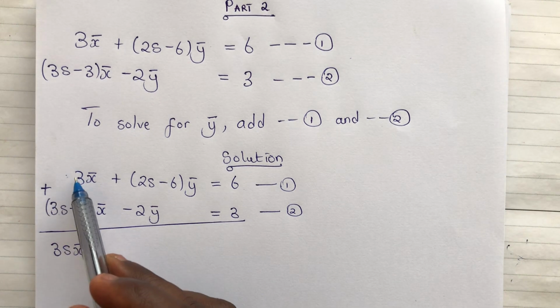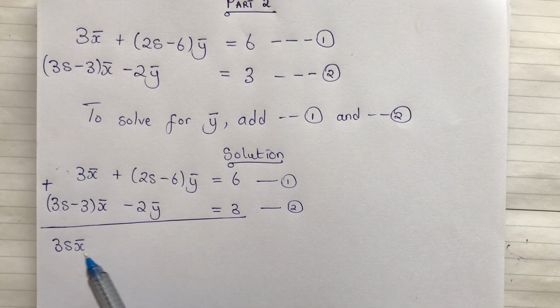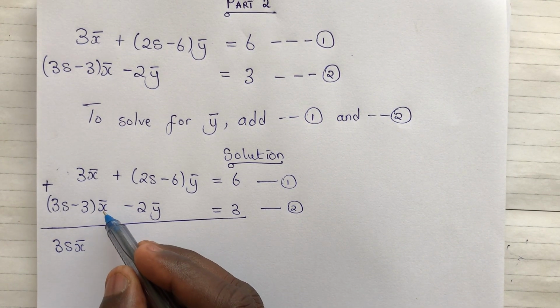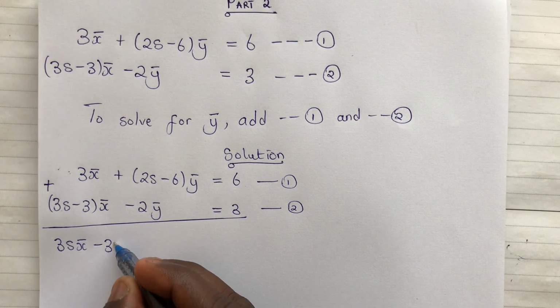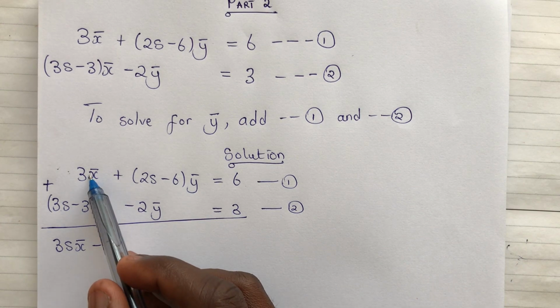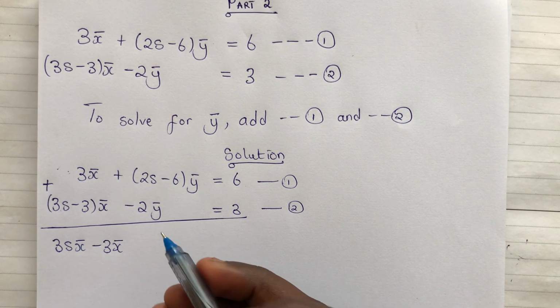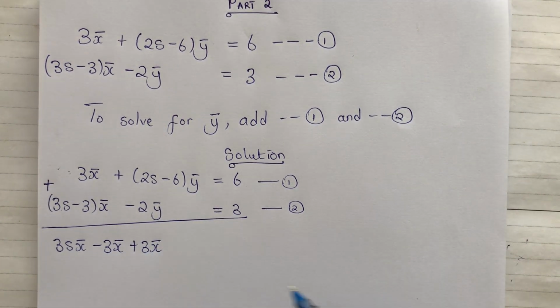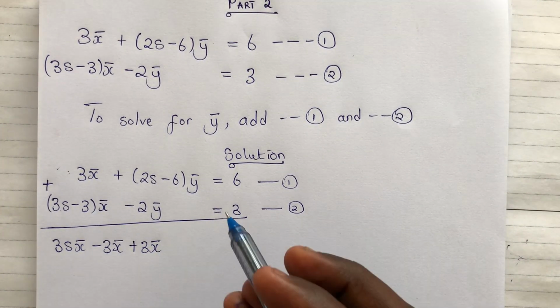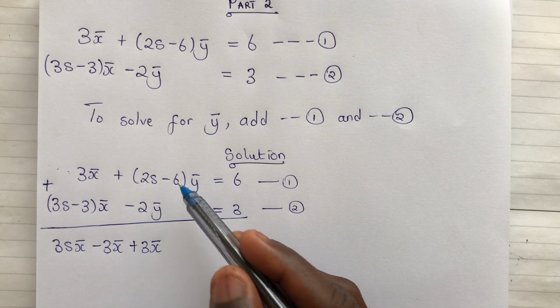We don't have an s term here, so we can maintain this one. Then x bar times negative 3, giving us minus 3x bar. We have a term here that is the same, so we add it, plus what? 3x bar.